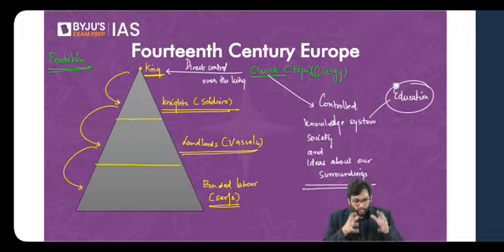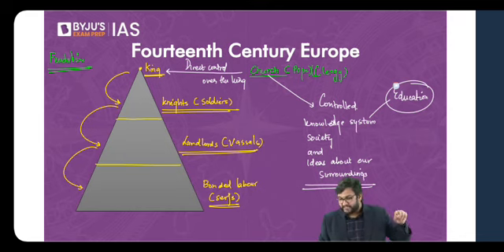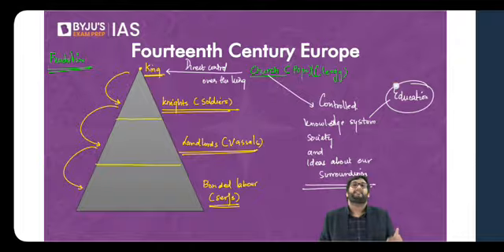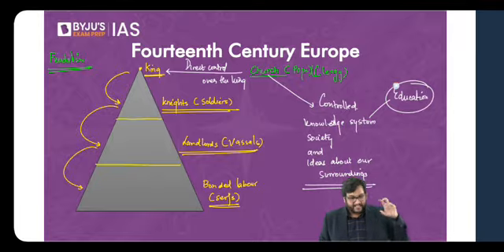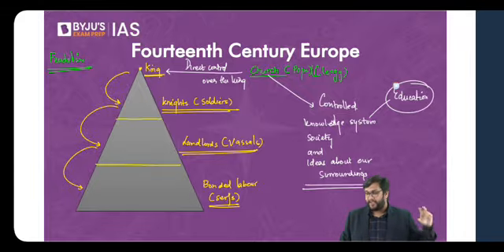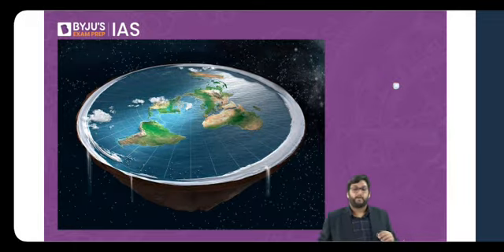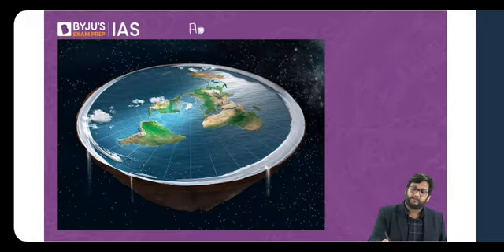So now the point is, the question which came to your mind and my mind also, why is it that the Europeans were not very comfortable going too far into the sea or any water body? It was because the church at this point of time propagated what is called the flat earth concept.